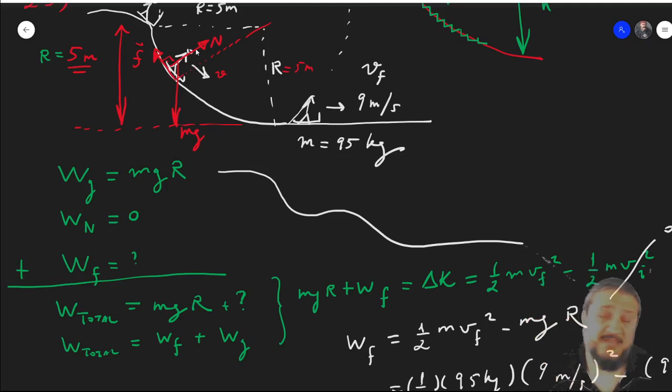Now, is it always the case? No. What if you have an orbit other than a circle? An elliptical orbit, which is more realistic, right? Even Earth, when it goes around the sun, is not a perfect circle. And especially if it's a comet around the sun, it's a very elongated ellipse, okay?